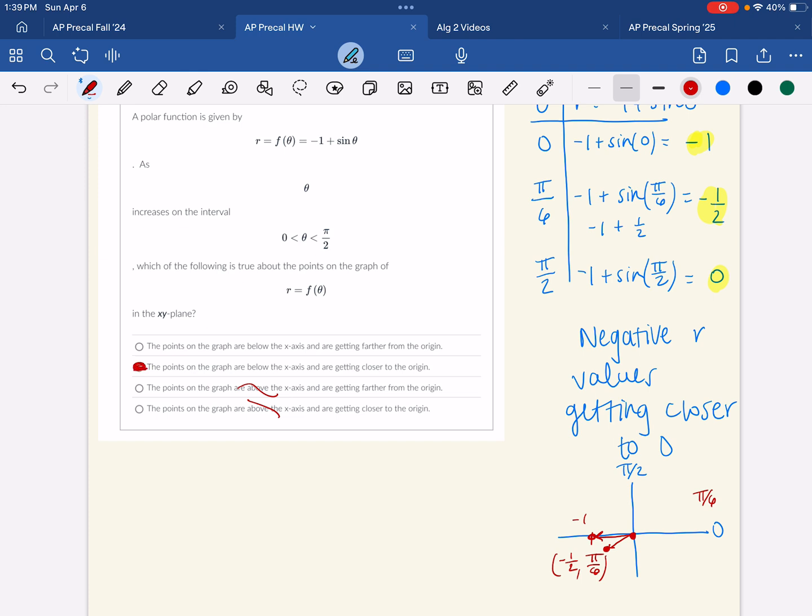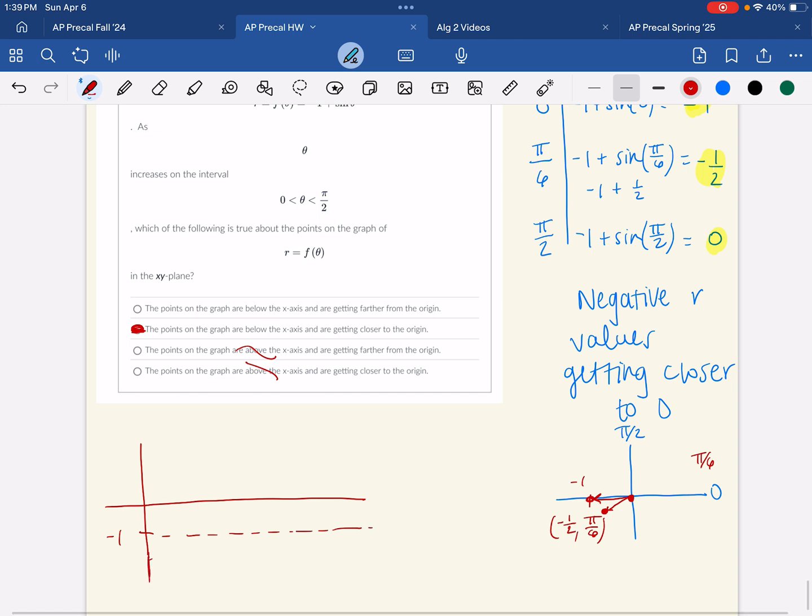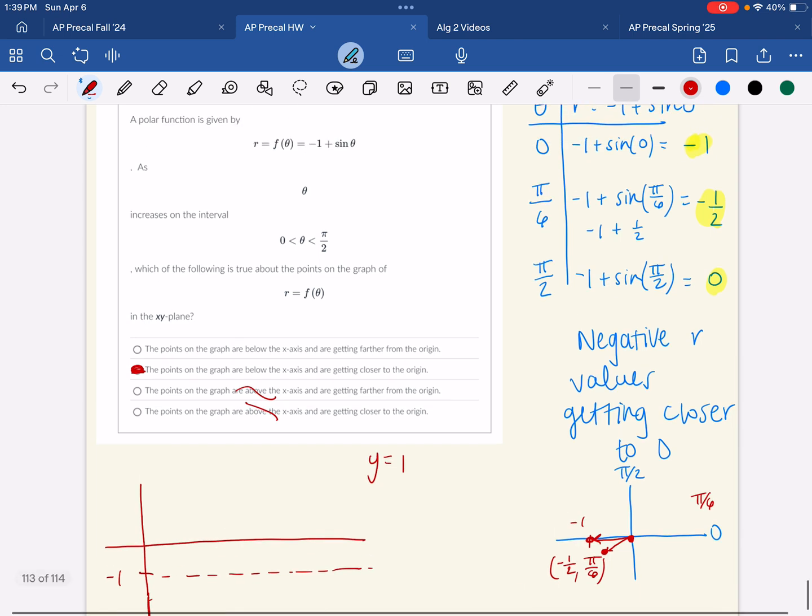Now, if instead you didn't want to use a table, didn't want to think about the polar graph, if we think about this instead as a rectangular curve, our midline is at -1. The amplitude is just 1 because we would be trying to basically sketch -1 plus sine x in rectangular form here.